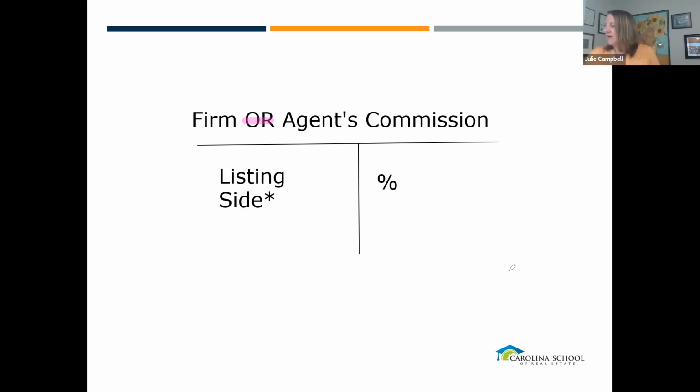Now I need to figure out either what Agent Ted's share is or Homes Realty's share is. The firm shares their commission with the agent. So what this asterisk down here means is it's either going to be the listing side or the selling side, depending on what side it's asking you. Whose commission are they asking you about?